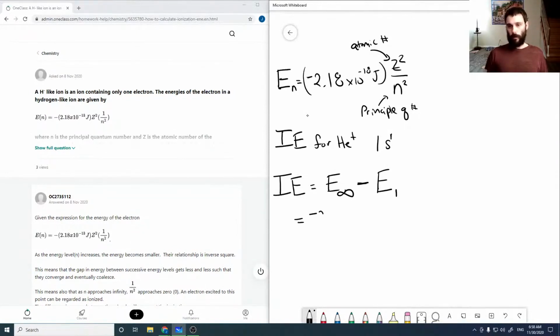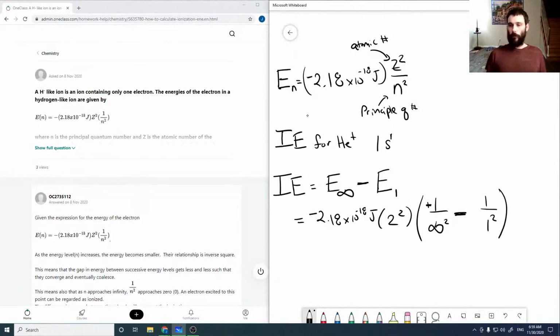So that would be minus 2.18 times 10 to the minus 18 joules. Z squared we can take out, and for helium it will be 2, as it's the second element. So 2 squared. And then that'll be 1 over infinity squared minus 1 over 1 squared.